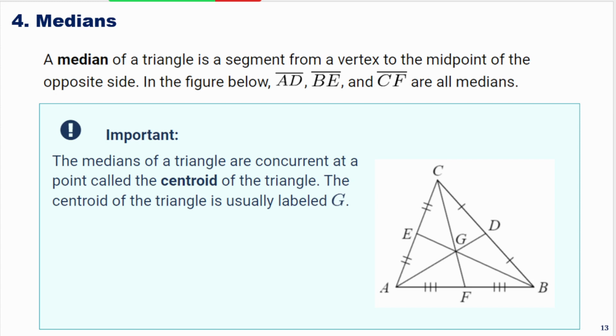The centroid of the triangle is usually labeled G. Here I'm not going to prove this property for you. Once you have learned the concept of analytic geometry, this can be easily proved using analytic geometry.